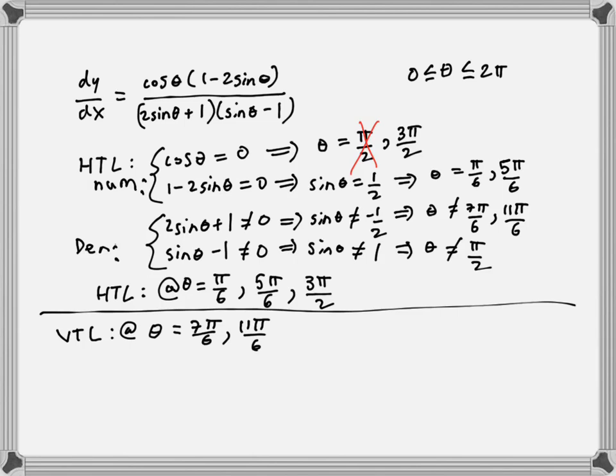Now, what about pi over 2? The problem with pi over 2 is we actually get a 0 on top and bottom. So we're going to need to do a limit, okay? Because we have 0 over 0 here, right? So what we want to do is the limit as theta goes to pi over 2. It doesn't matter from what direction, so I'll just put from the left.